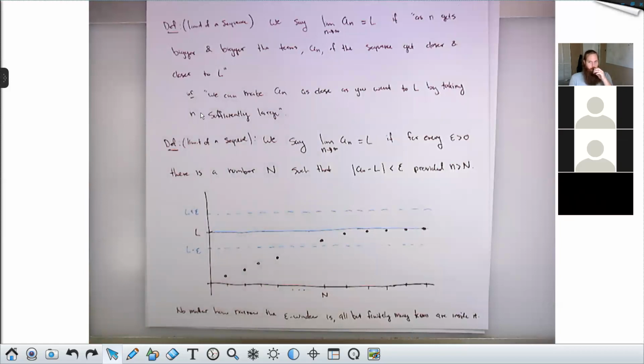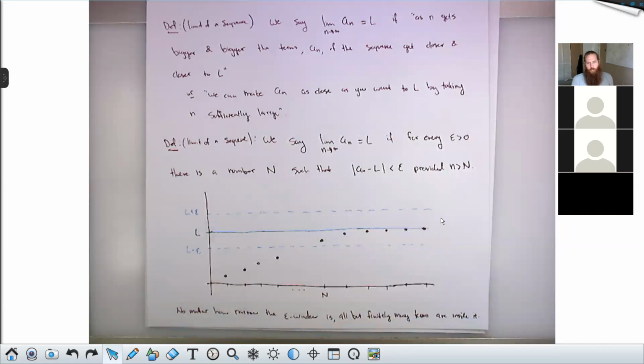What does the last sentence say? Down here, yeah, it says, no matter how narrow the epsilon window is, all but finitely many terms are inside of it. So this window right here, the dotted lines, that's our epsilon window.